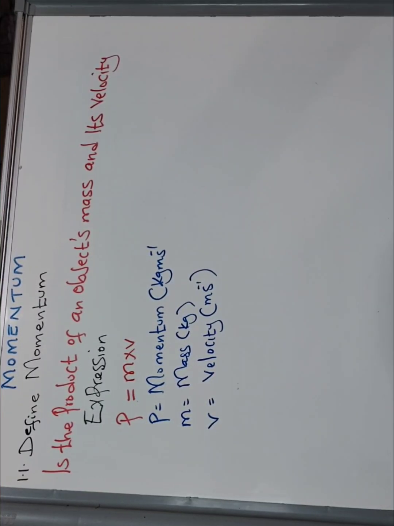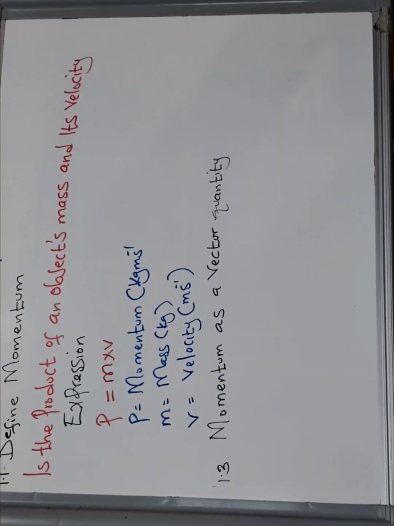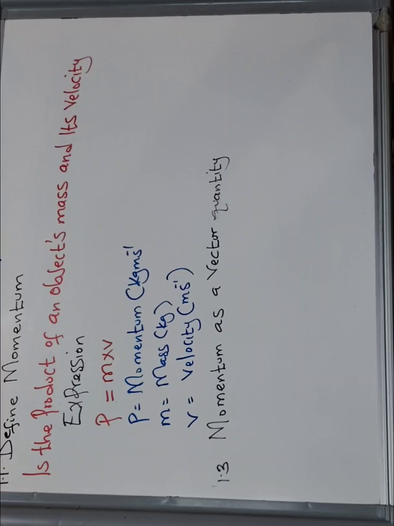That is the introductory part of this topic. So next after the expression is going to be our calculation. Let us look at one example to start with. Before the example, let us first analyze this one. Momentum as a vector quantity.